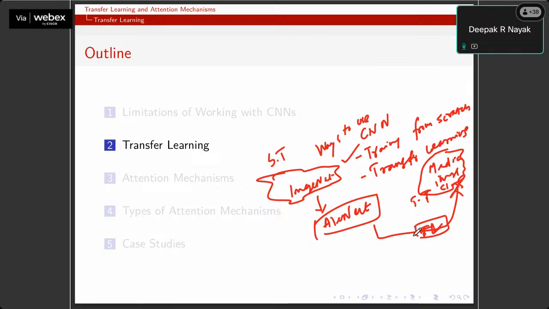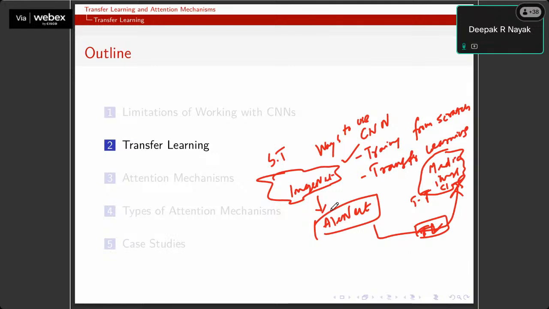What we are trying to do here is this: training from scratch takes a lot of time, and a lot of hyperparameter tuning is required. We also need a huge amount of data. If you don't have much data, and if you want to really reduce the training time, you can opt for transfer learning. That is why we are interested in transfer learning.